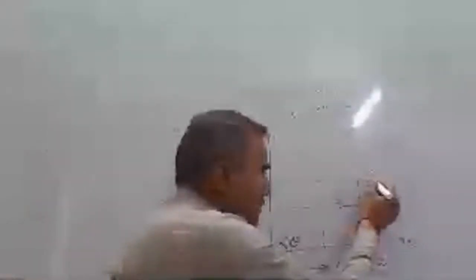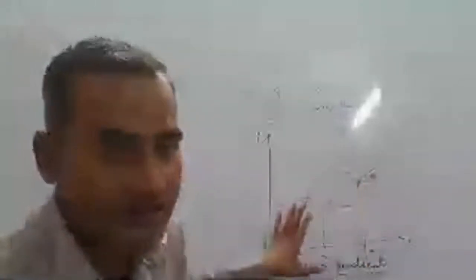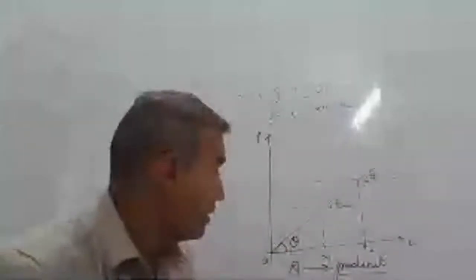And if you look at this point also, the angle is theta. Means angles remain unchanged, and therefore this graph shows the uniform velocity.